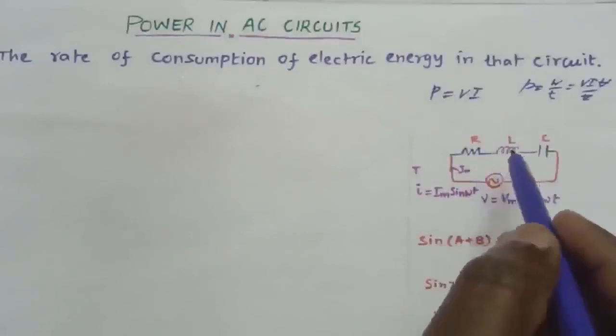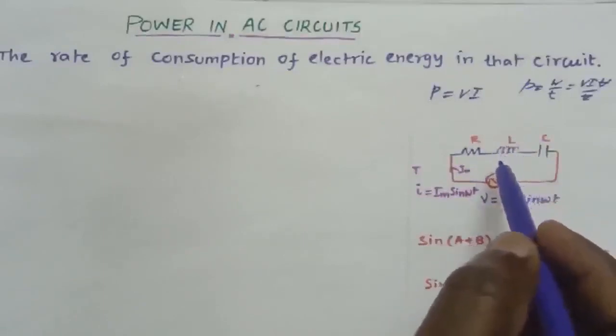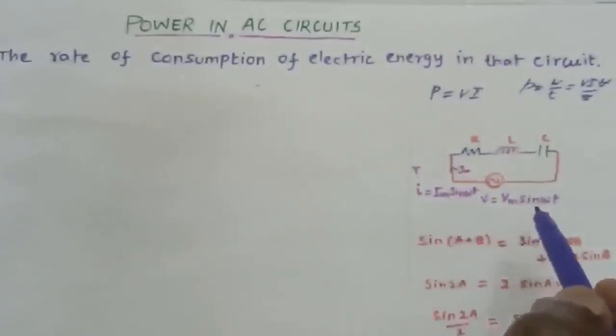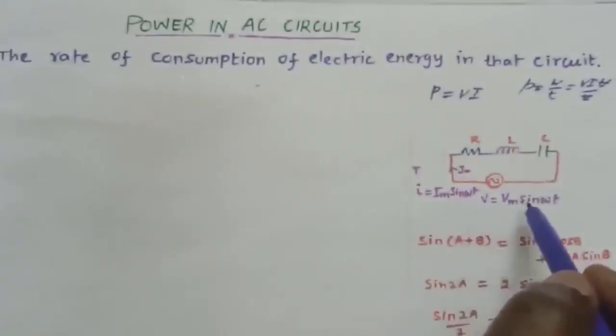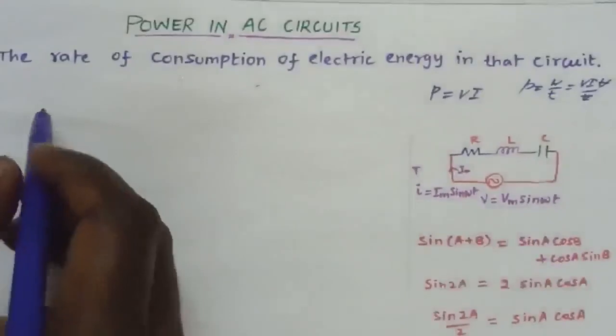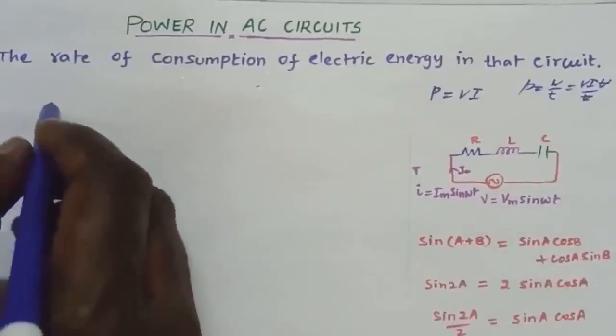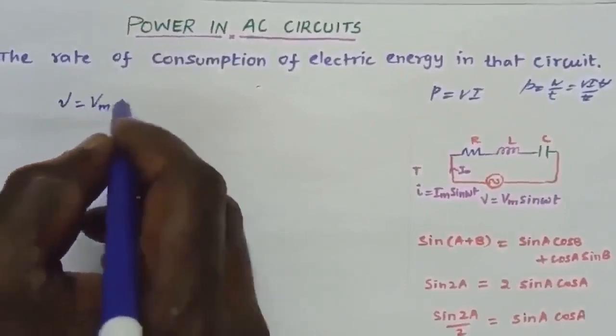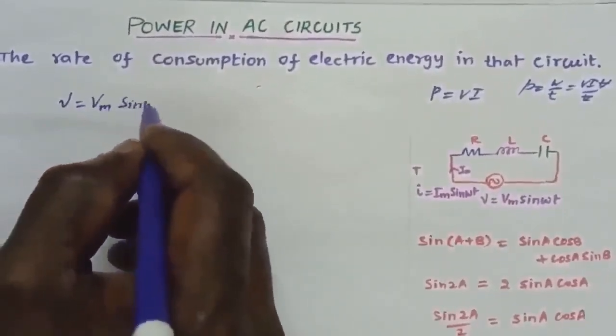At any instant of time, the applied alternating voltage V is equal to Vm sin omega t.